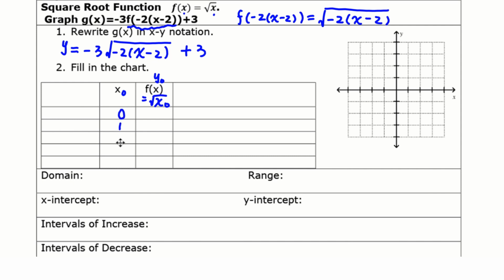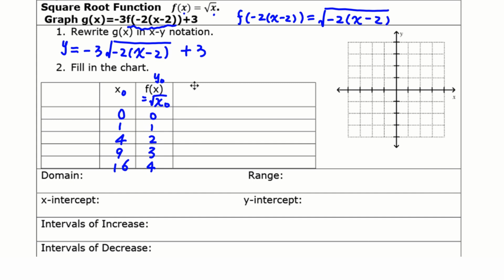We could use 2, but square root 2 doesn't give a nice number, so we want a perfect square number. So 1, 4, 9, and 16. So square root 0 gives you 0, square root 1 is 1, square root 4 is 2, square root 9 is 3, square root 16 is 4. Then it's easier to find those points on the grid given. That's the reason we pick those points.